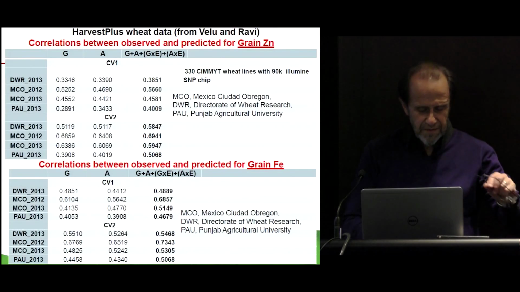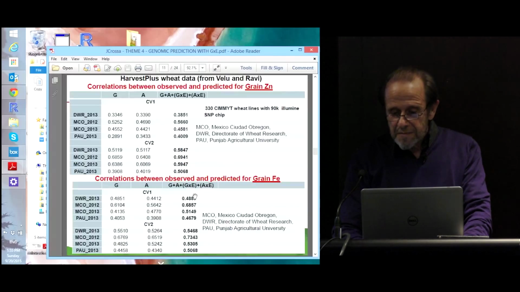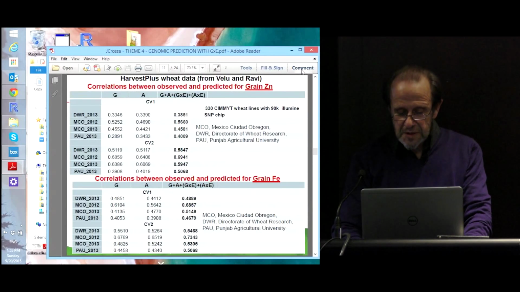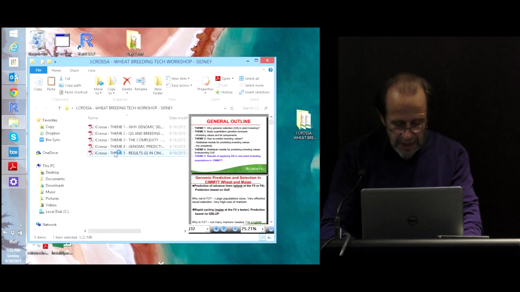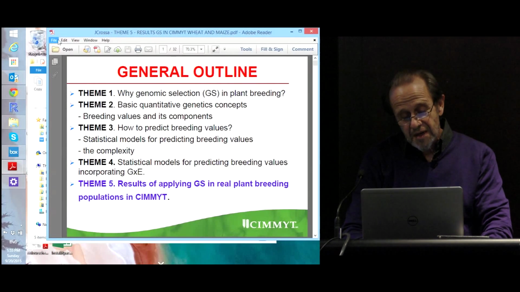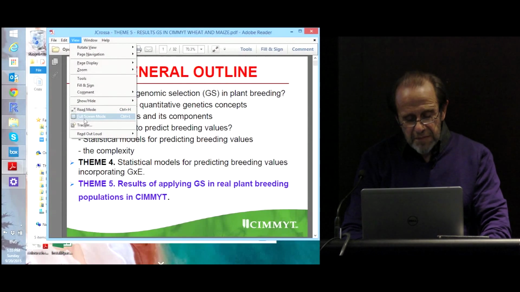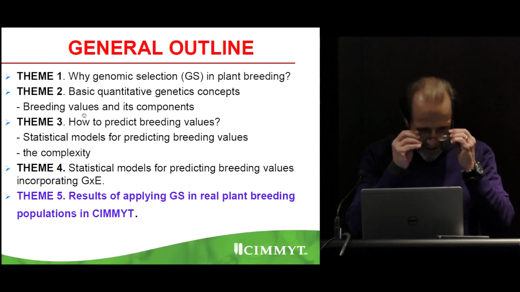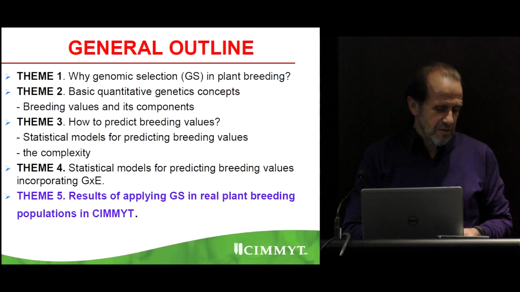Okay, so I'll finish this topic here. I would like to show you some results, because all this that we have done is important, but this is not real genomic selection because we didn't do it.